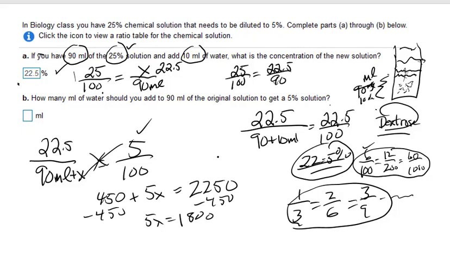I'll check that on my calculator. 2250 minus 450, yes, is 1800. Now I'm going to divide it by 5, and I get 360 milliliters.